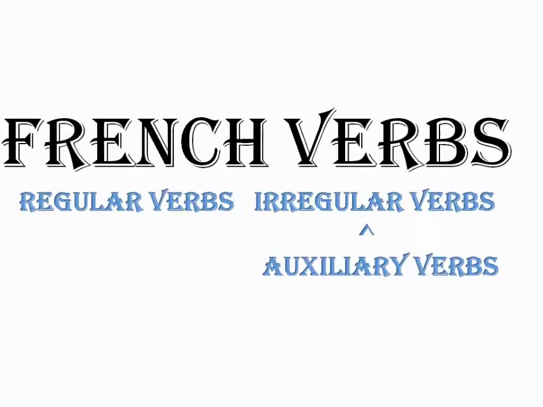It's quite easy to learn regular verbs because you just have to follow a specific pattern for ER and IR regular verbs, and that will be applied for all the IR and ER verbs. But if we talk about irregular verbs, we need to memorize all the verbs for the conjugation because the conjugation is entirely different.